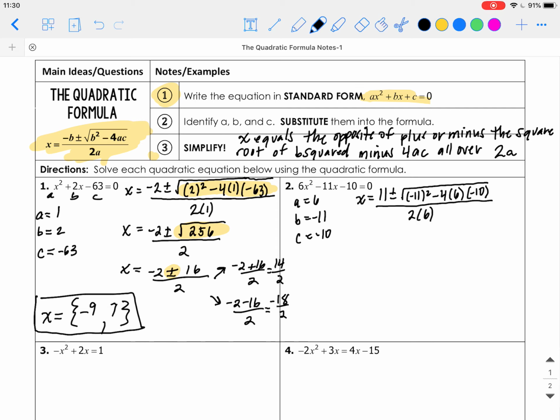So again, I'm going to plug all of this right into my Desmos calculator, and that is going to simplify to be, I believe that's 361, yeah, 11 plus or minus the square root of 361, all over, and 2 times 6 will give me 12.